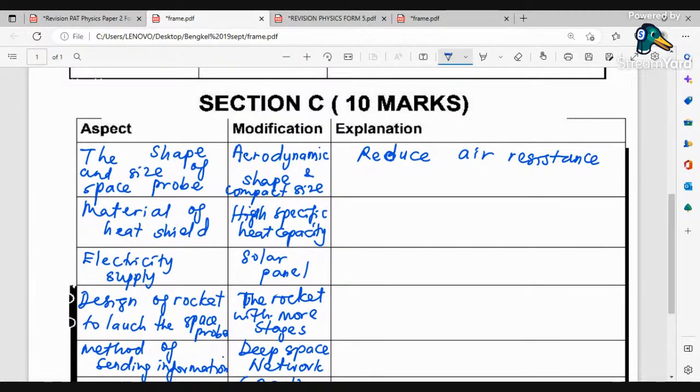Okay, compact size means it can carry essential equipment at low weight. Okay, boleh tambah. Carry more essential equipment at low mass.